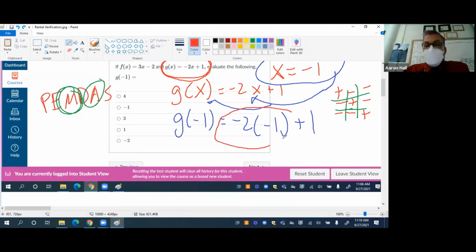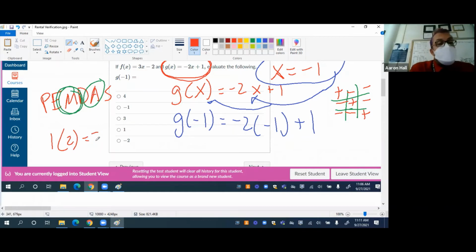All right, so what does this become? I have -2 times -1, which is? Jace? What's -2 times -1? I thought a negative times a negative gave us a positive. What's 1 times 2?